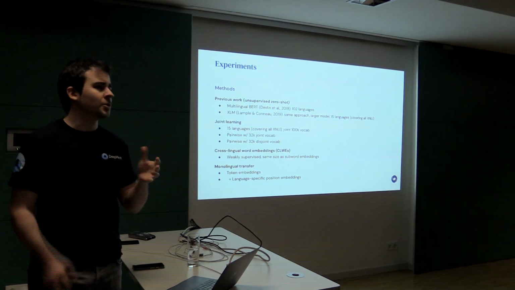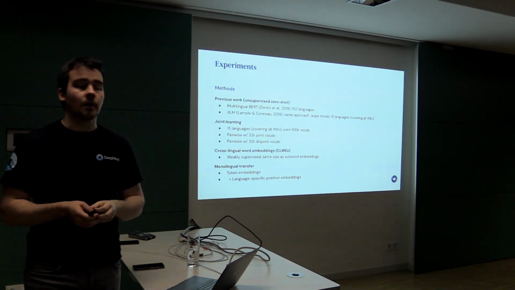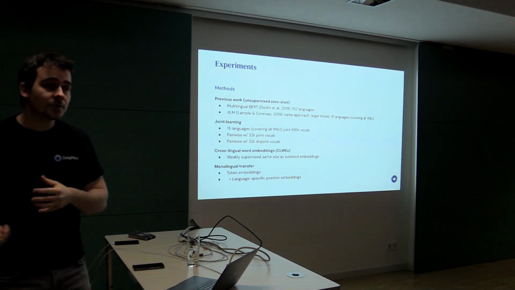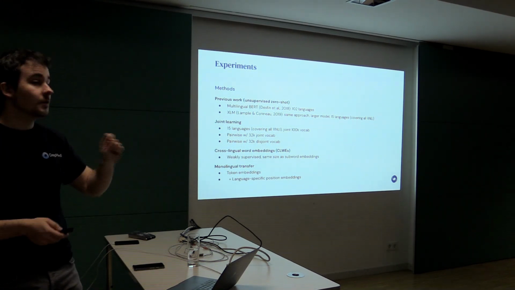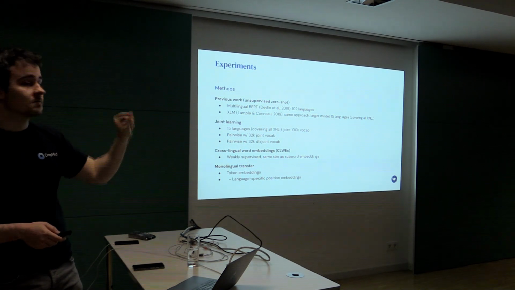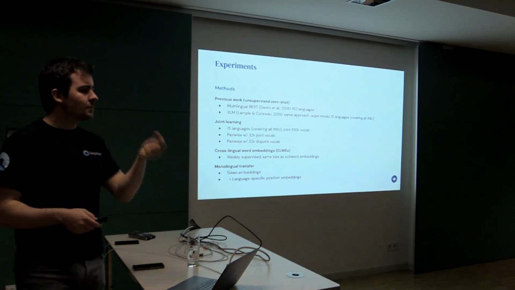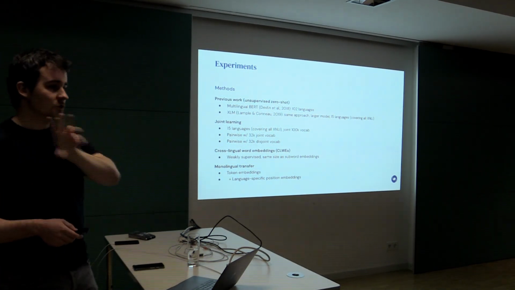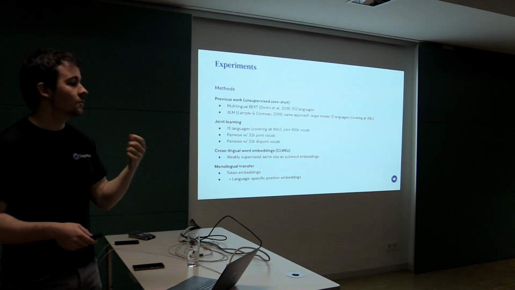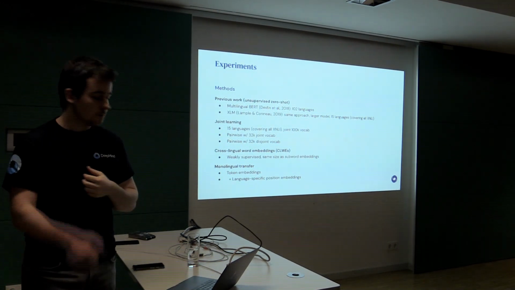And then, because different languages have different word orders and different grammatical structures, it might be useful, in addition, if you remember, we have not only our token embeddings, but our position embeddings as well. So it might be useful not only to learn the token embeddings, but also the position embeddings for another language.